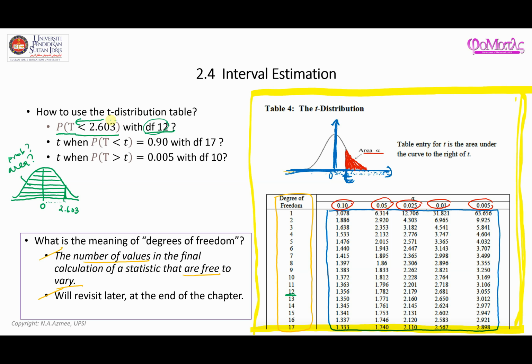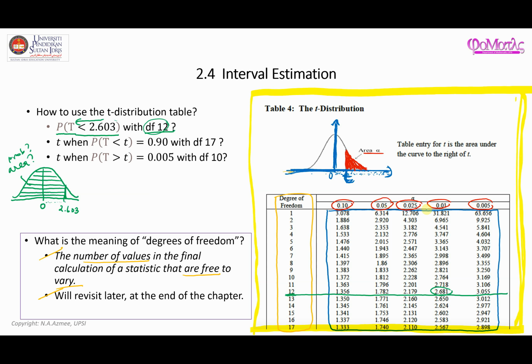So this is the value of t. So the values of t are given inside the table. So now for degrees of freedom 12, we're just going to read and find which value is the closest to 2.603. So the value that is closest is this one.